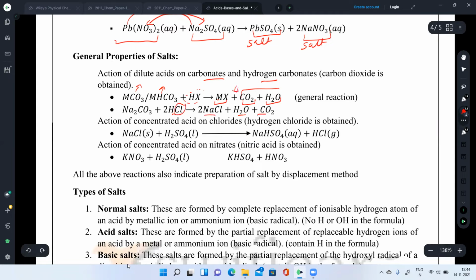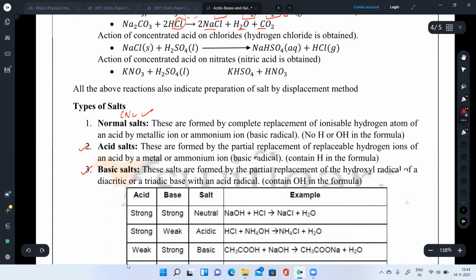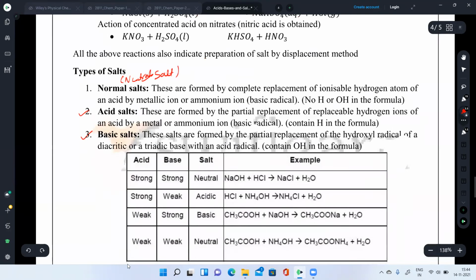See, it is a general reaction. If you remember this, then you can do all such types of reactions with the help of this. Now, types of salt: normal salt, acidic salt, and basic salt. Normal salt is formed from a strong acid and a strong base. Normal salt is also known as neutral salt. Acidic salt is formed from a strong acid but a weak base.